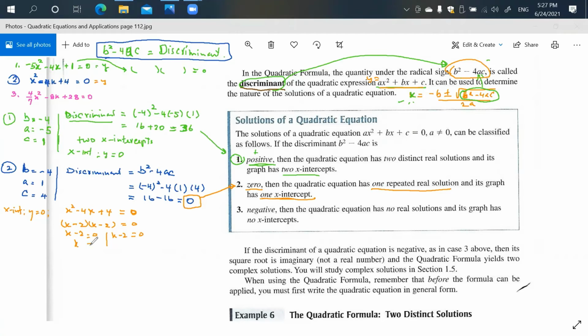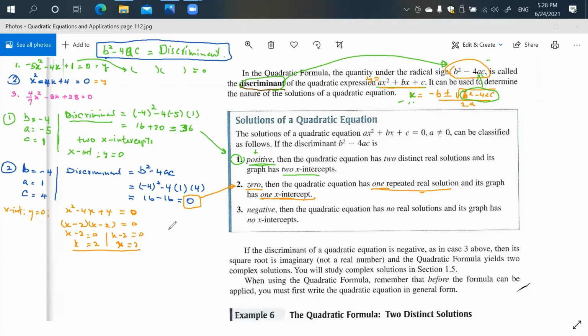So x equals 2, x equals 2. You see that? They are the same value of x, so they have only one x-intercept because they meet at the same point. They have 2 x-intercepts, but they are the same. That's why they say one repeating real solution.